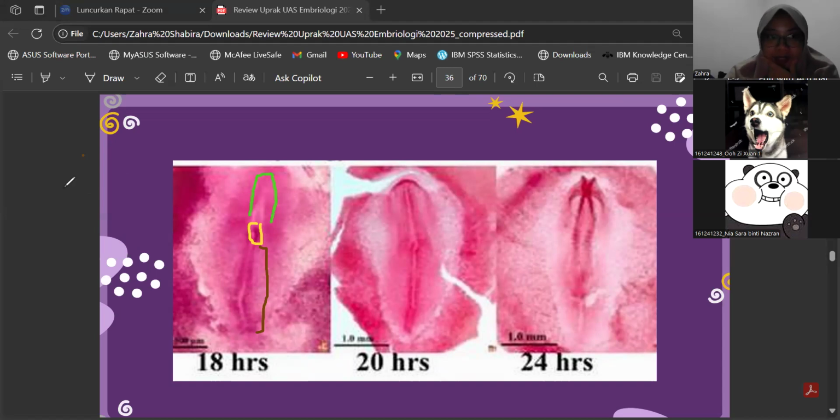Now, the next one, in 20 hours, you're still able to see primitive streak in here, and also Hensen's node, like a maroon hook over here, added with head fold in 20 hours. Then we continue again to 24 hours. In 24 hours, you find somite. Then also you find neural tube in here.